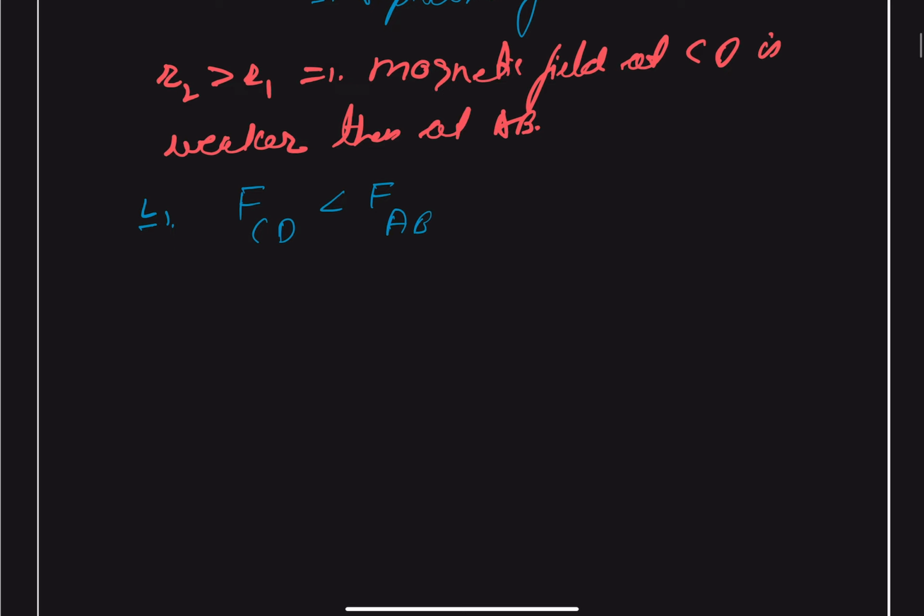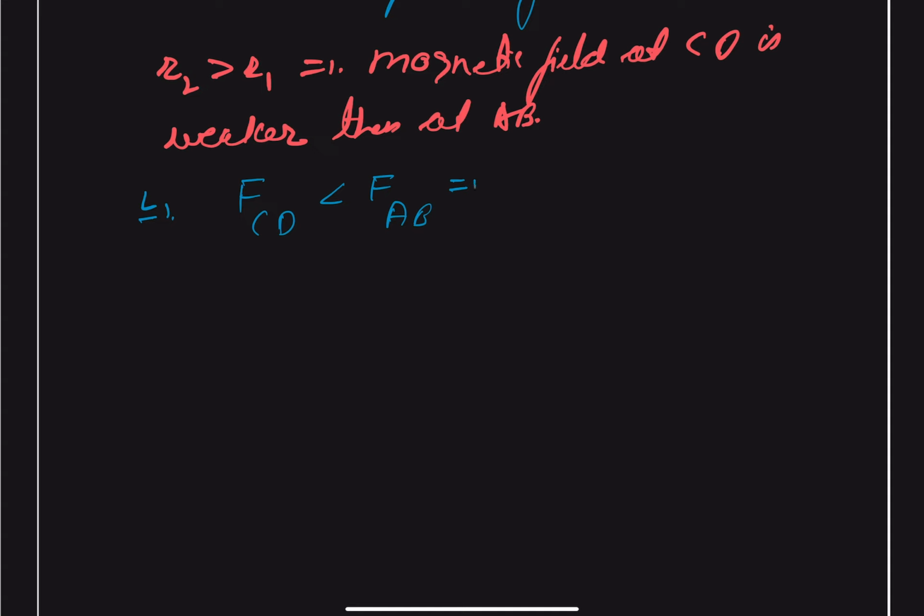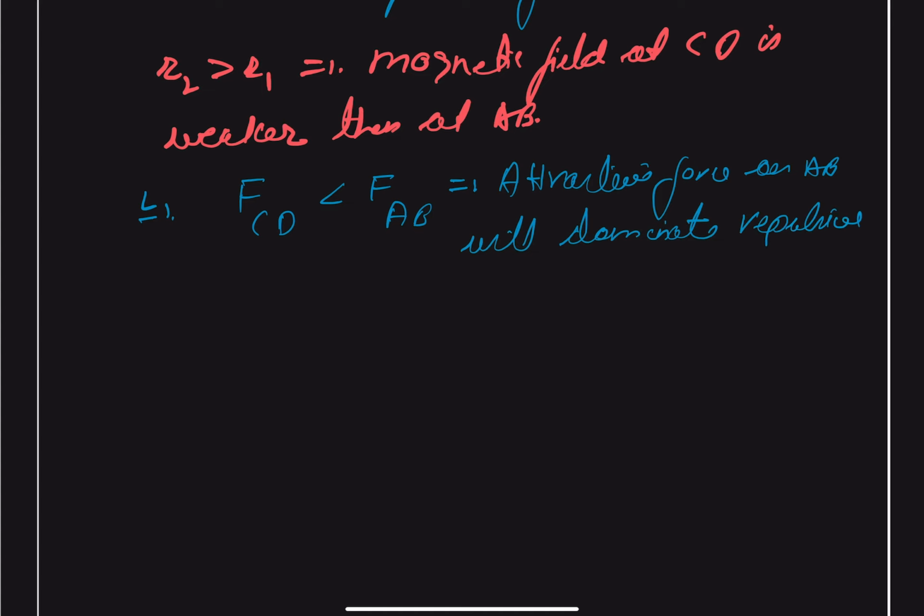Which basically means that the attractive force on AB is going to dominate the repulsive force on CD.